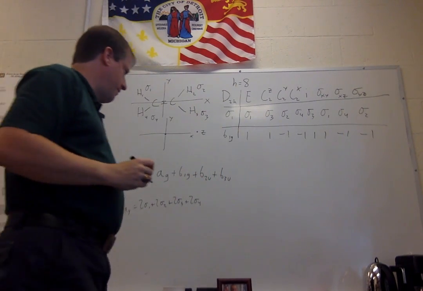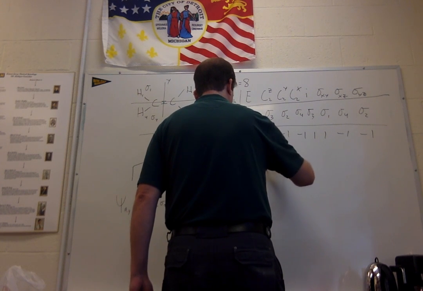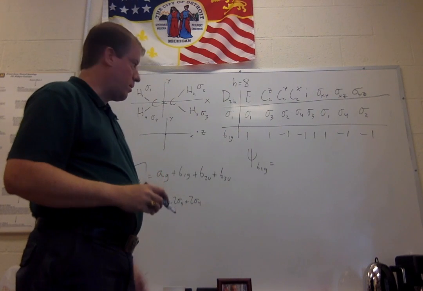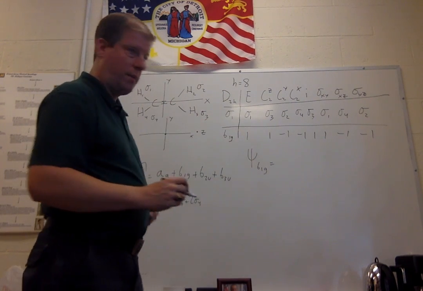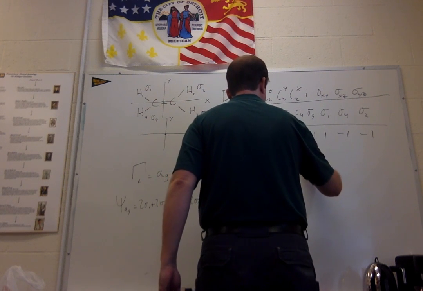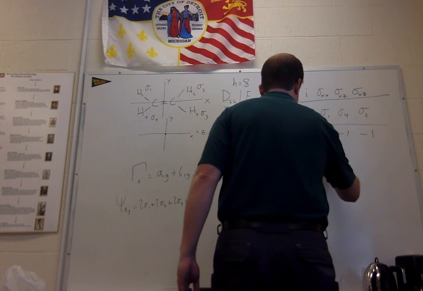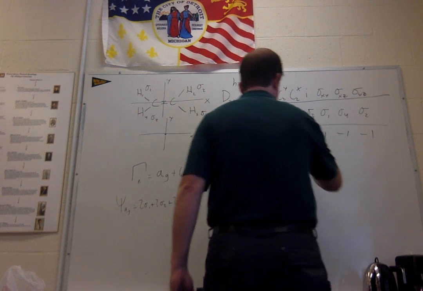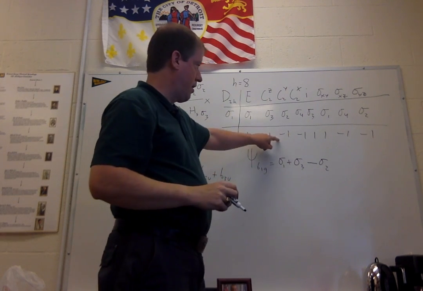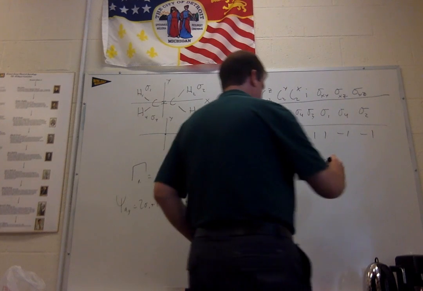And so we can generate psi B1G, and that's going to be equal to 1 times sigma 1 is sigma 1. 1 times sigma 3 is sigma 3. But now look at this. Minus sigma 2 because that's a negative sign. So negative sign here and negative sign here, we're going to get negative coefficients for those 2 orbitals.